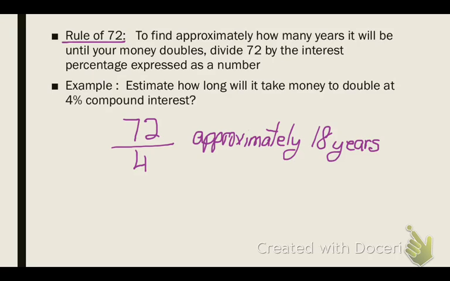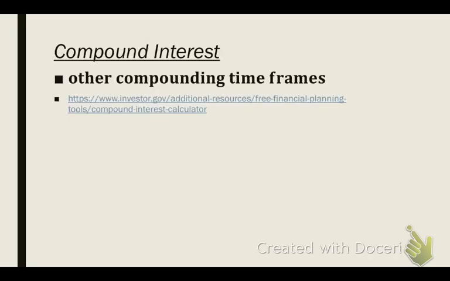Okay, now we have been talking about how we are doing compounding annually, but there's a lot of different compounding time frames that are used in the financial world. There's compound monthly, there's compound daily, and those get quite complex. And yes, you could do that.